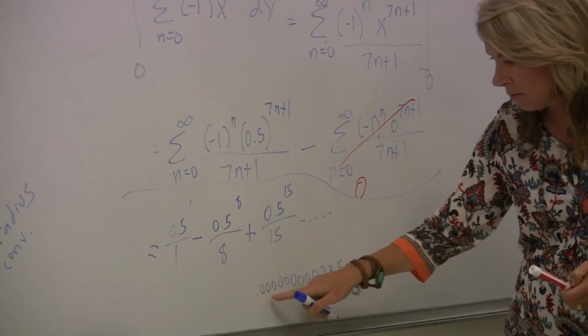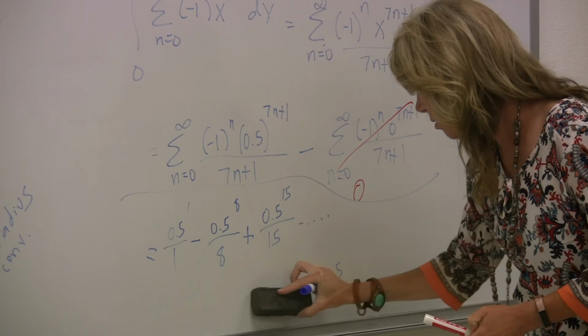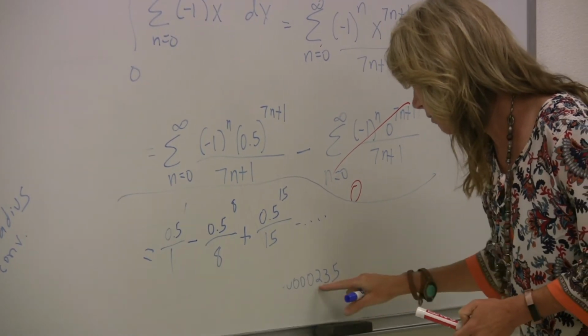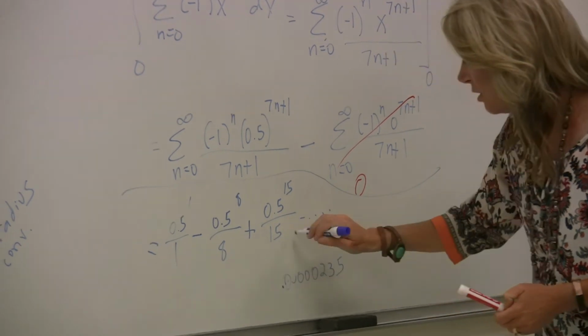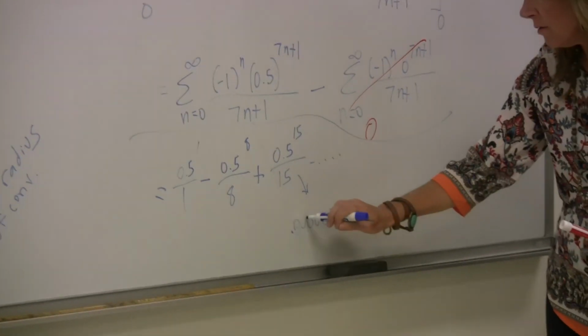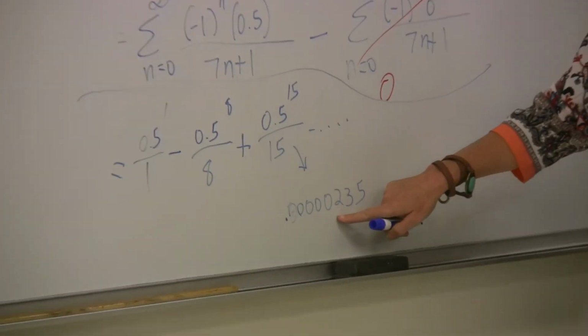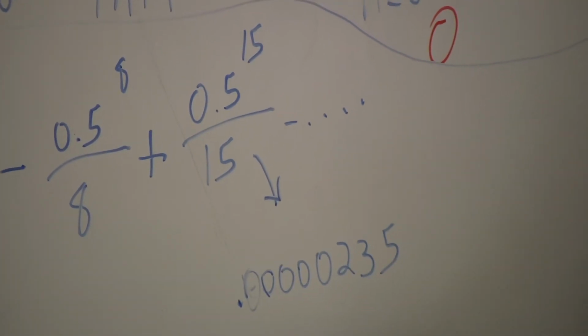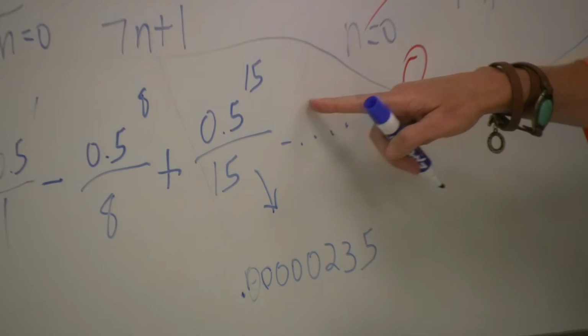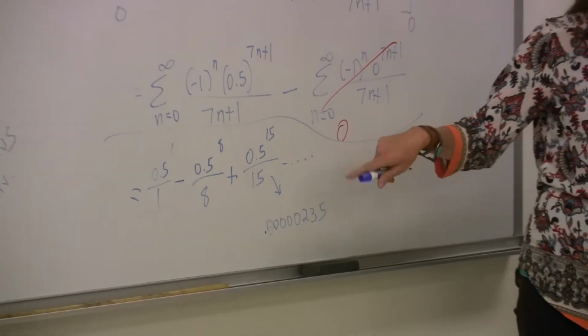Yeah. Oh, sorry, I put too many zeros. 1, 2, 3, 4, 5, okay. That's what just this term is. To 6 decimal places, it's pretty small. You go another term, it's going to be zeros out to 8 decimal places. Eventually, these terms are so small that we don't care anymore.